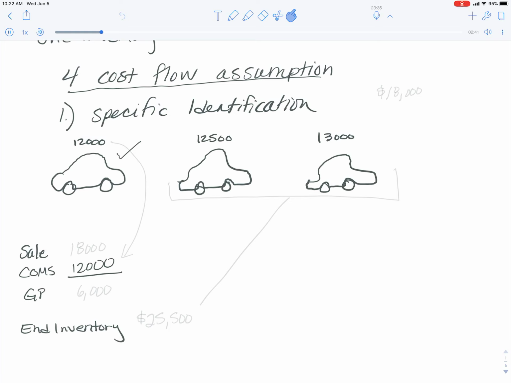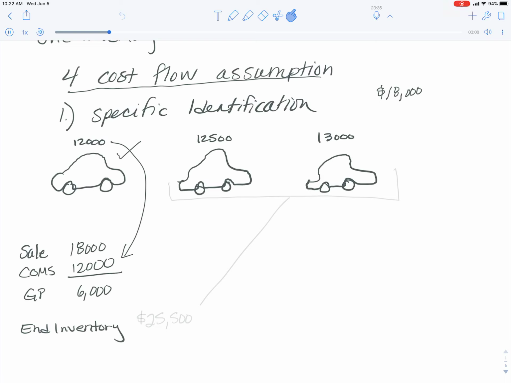Each of these cars sells for the same amount, $18,000. That's our sales price. We sold one car, and so we're going to use the exact cost of that car to arrive at our gross profit. So we grossed $6,000 on the sale of this car.